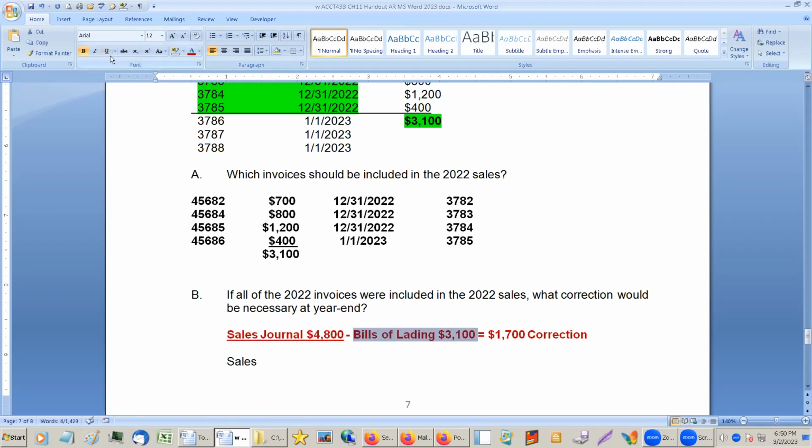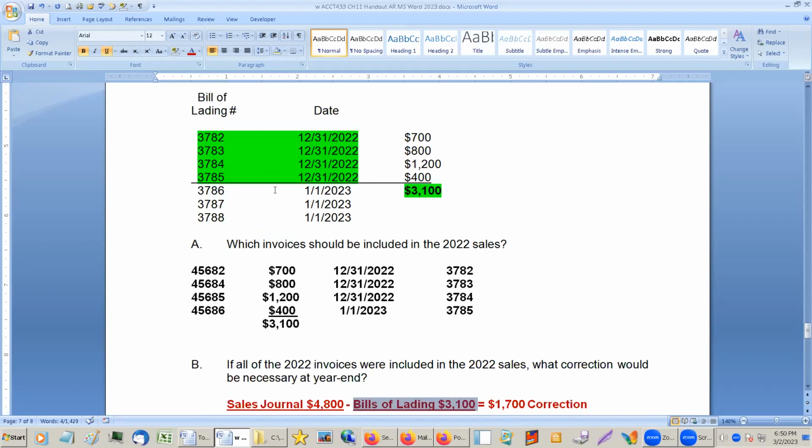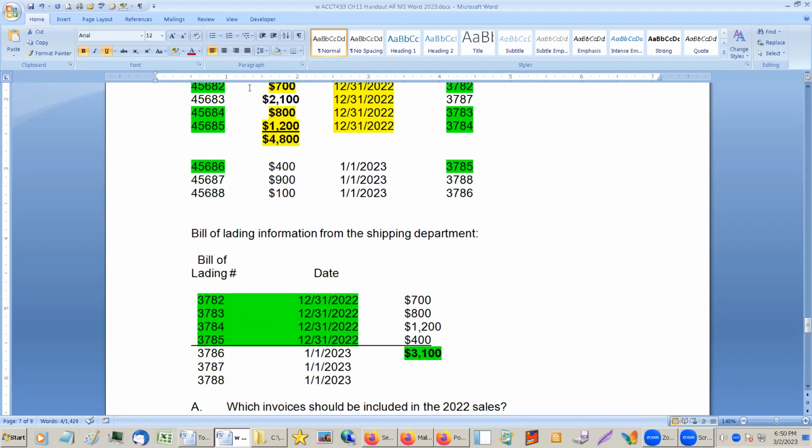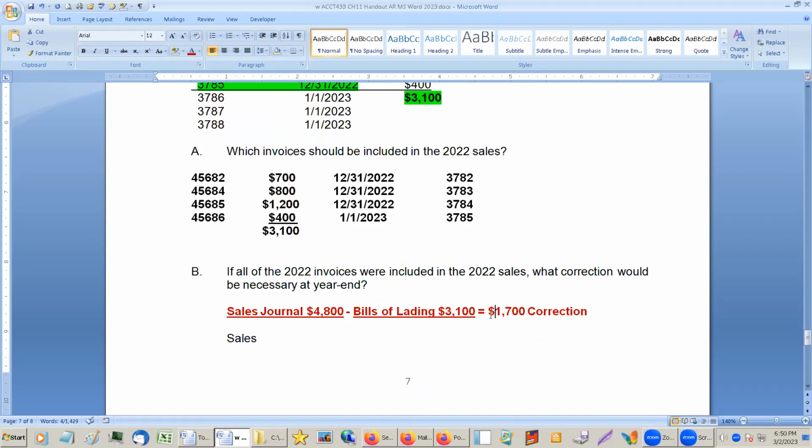So the bills of lading are really what you go by there, and they didn't ship the 2,100 order until the next year. So this one really didn't count, but this one did count. 400. And so that's a correction.